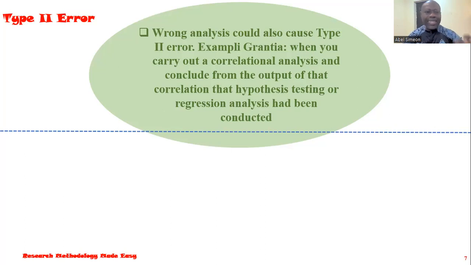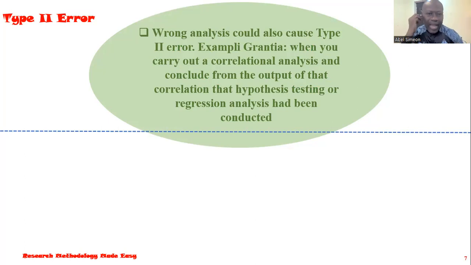Correlational analysis is what I call the assumption test. It is what you have to carry out first to be sure whether regression analysis will be carried out. Because if there is no linear relationship among the variables, then a regression analysis cannot be conducted.